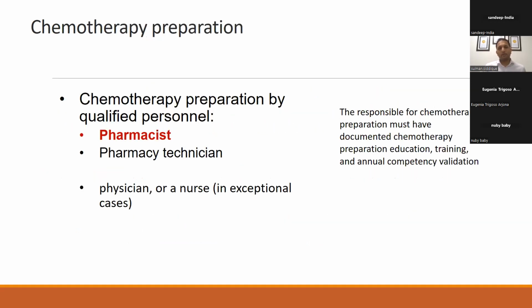So after prescription, we have preparation. We've looked at it already. Just to reiterate, the evidence suggests that it's best when a pharmacist or pharmacy technician prepares chemotherapy. But again, we've said there are exceptional circumstances where a nurse or even a physician has to prepare. But whoever is preparing, you have to make sure that they have a documented record of education and annual competency evaluation.